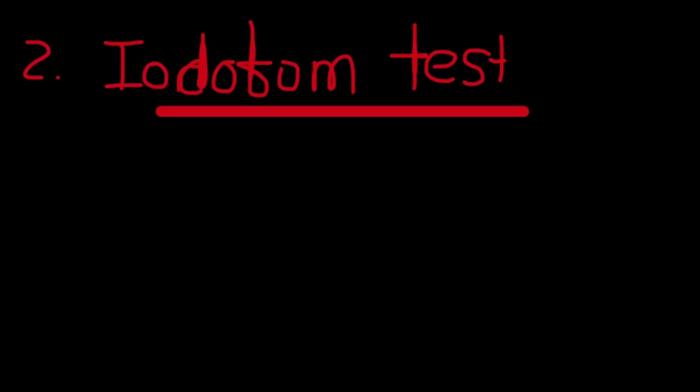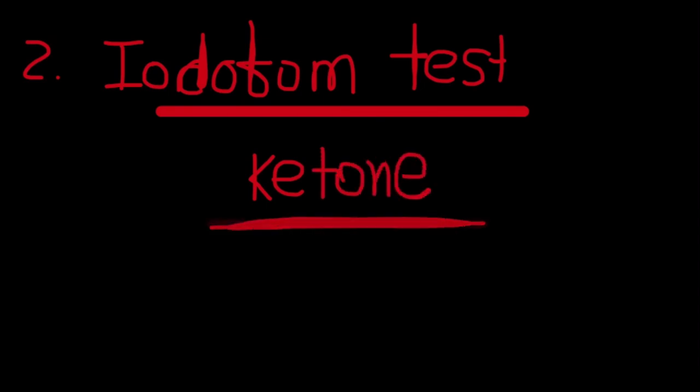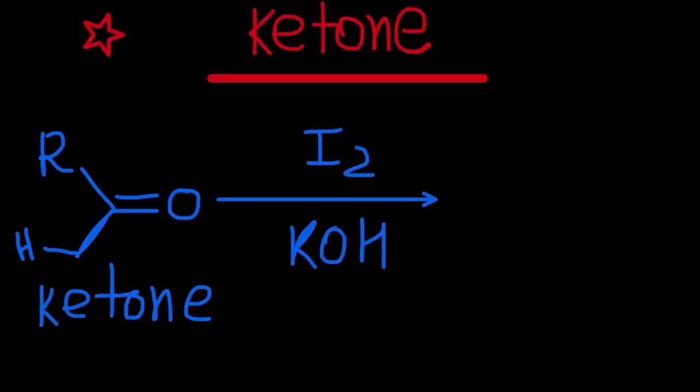The iodoform test is useful to identify the presence of the ketone functional group. The reagent for the iodoform test is iodine in the presence of KOH. Iodine in the presence of potassium hydroxide is added to the ketone.